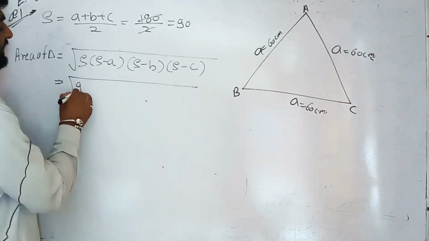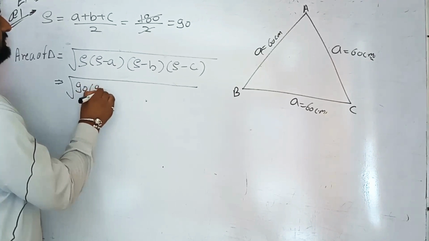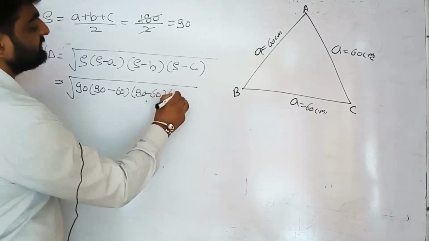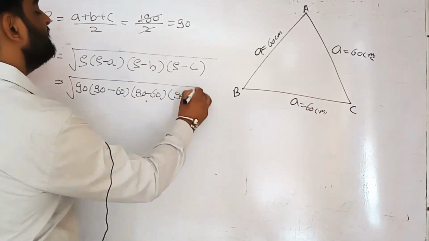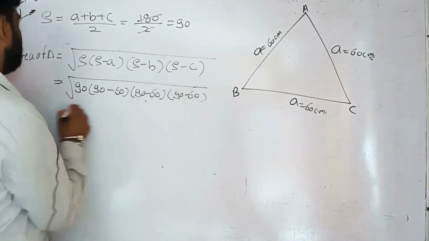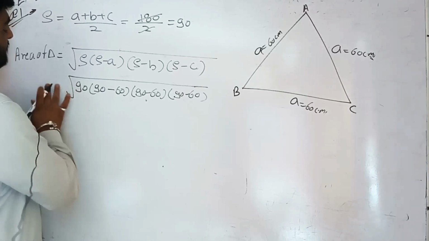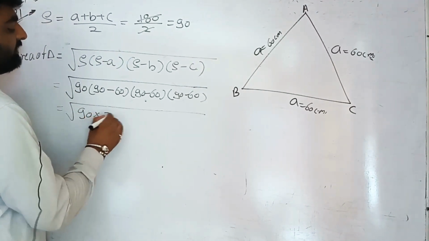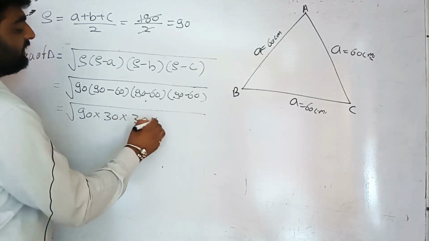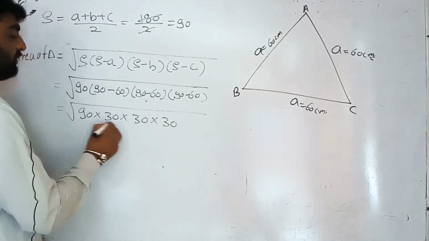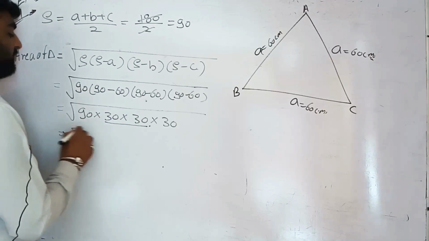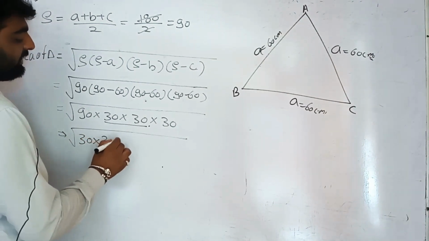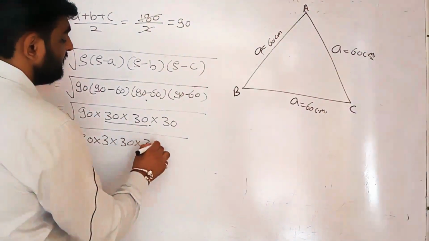s is 90, and a is 60, so we get 90 minus 60 three times. The remaining values under the root are 90, 30, 30 and 30, students. We split 90 as 30 into 3, so we have 30 into 3 into 30 into 30 into 30.